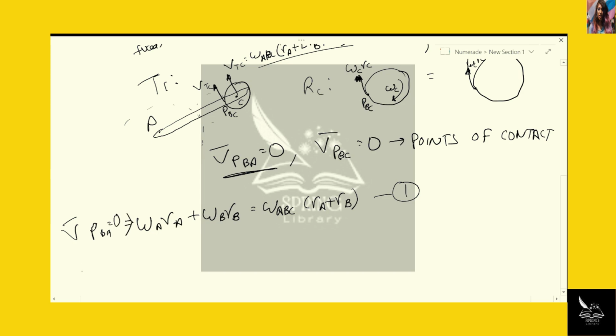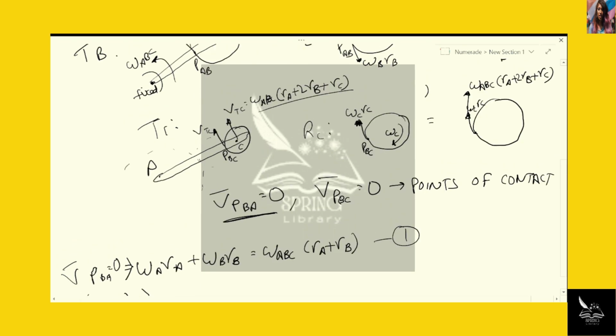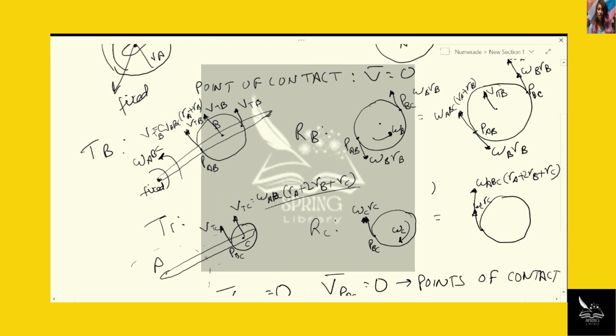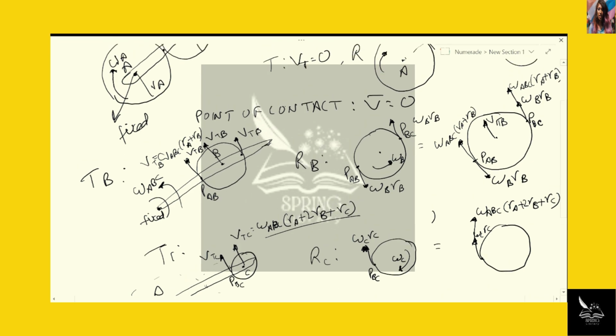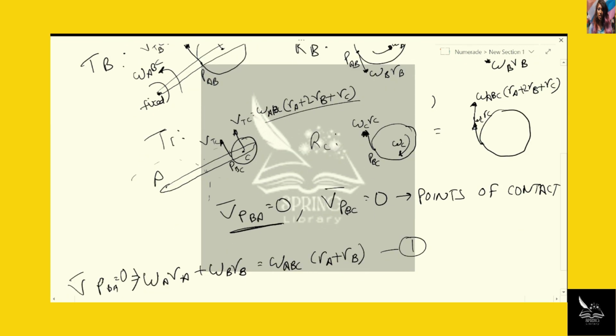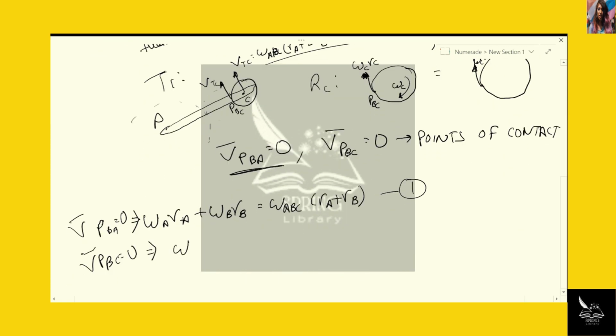Now V PBC equals 0. What does this imply? Due to disk B, we have net motion at point C, which is omega B RB, then omega ABC RA plus RB in one direction, pointing up. So omega B RB plus omega ABC RA plus RB.